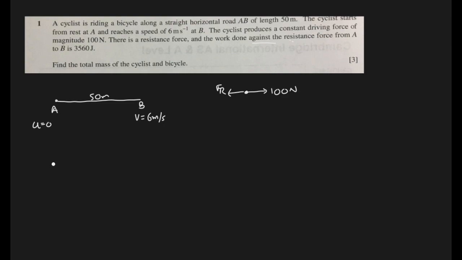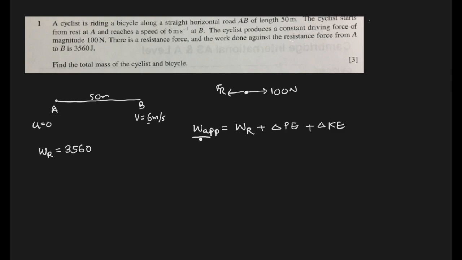So work done by resistive force is 3560. Find the total mass of the cyclist and the bicycle together. Since work is involved, let's use the normal energy equation, where work done by applied force is equal to the sum of work done by resistive force plus change in potential energy plus change in kinetic energy.